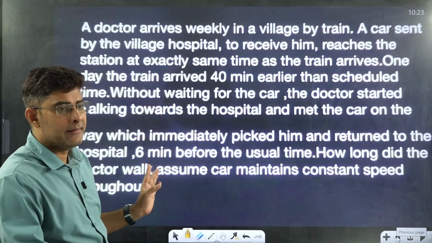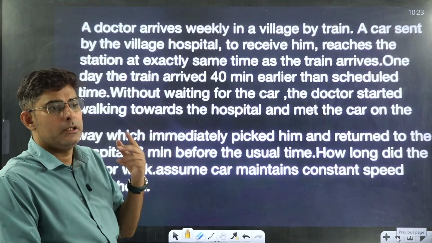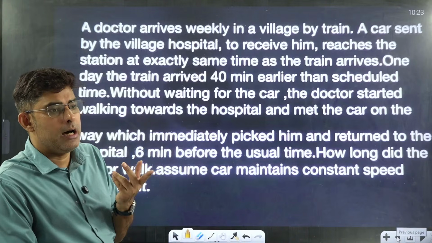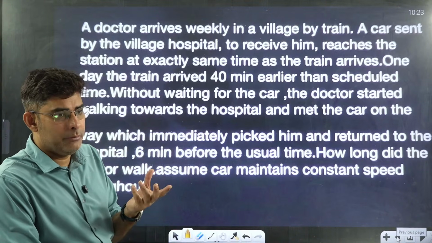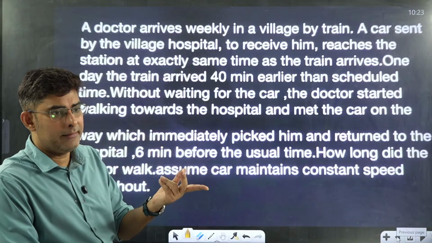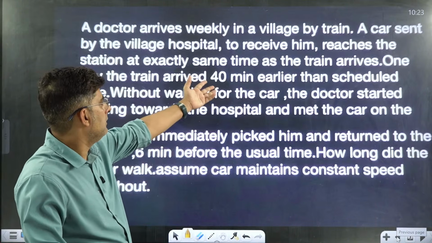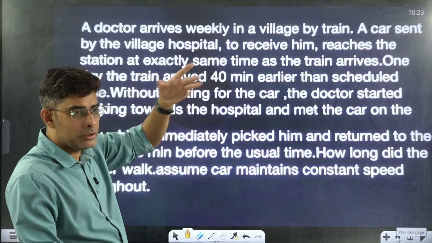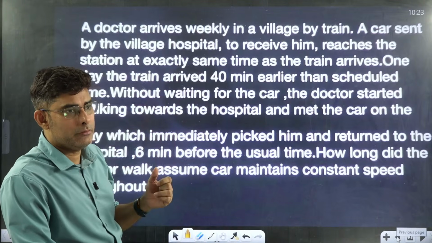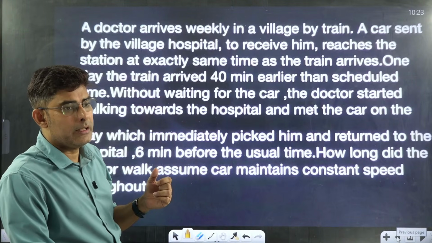So if anyone has seen this question earlier, obviously when you are doing any problem, if you know the concept, then you can get the answer. But here you can see this question's data is definitely different from what you have studied or solved earlier.